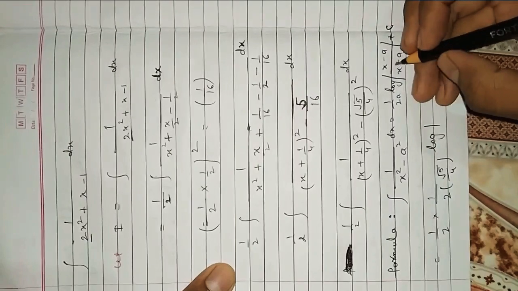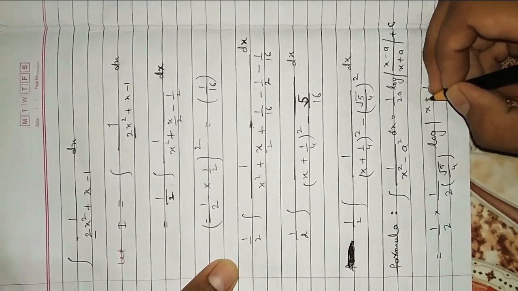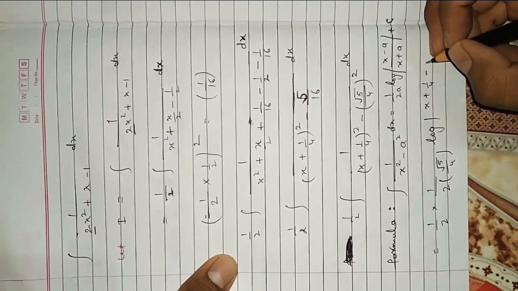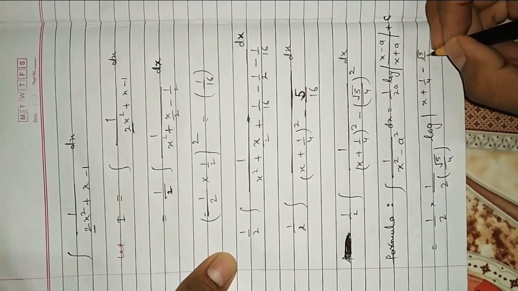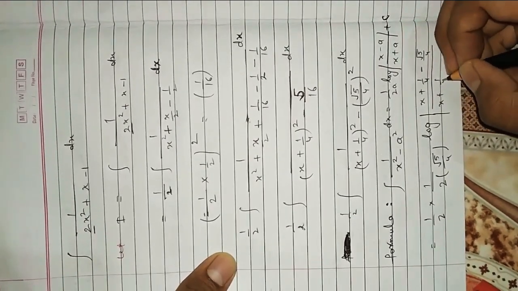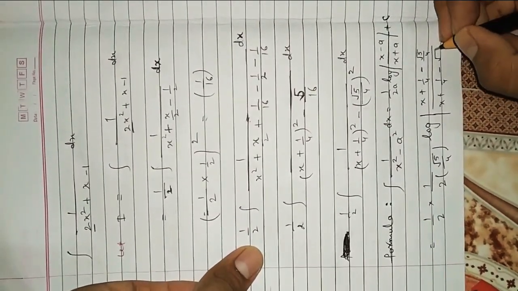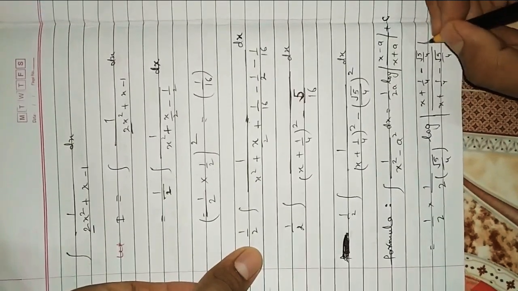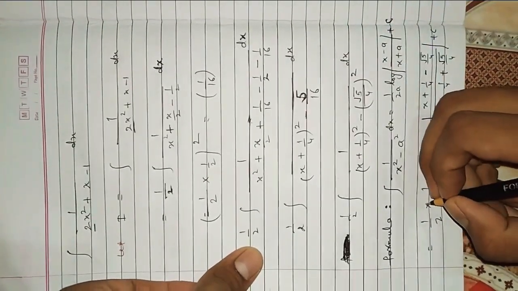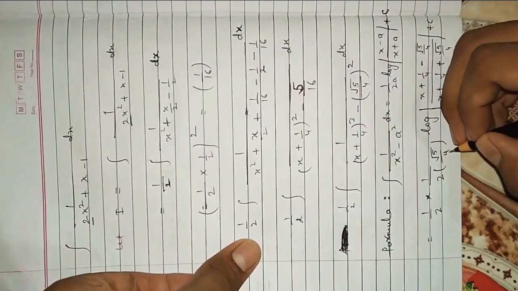So what is x? In place of x you will get 1 by 4, and what is a, root 5 upon 4. So you will get x plus 4, minus, plus you will get plus c. So don't forget to write down plus c, otherwise you will lose marks.